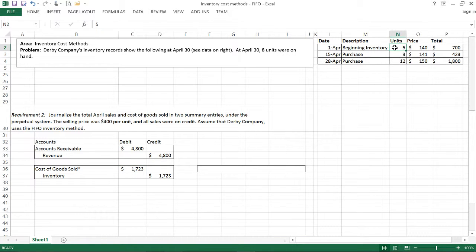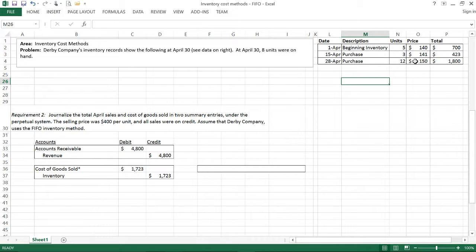So we sold 12 units. So the first 5, we take those out first. We incur that cost. The next 3 incur that cost as well. So add those up. So it's 8 units total. So we have 4 units left. So we take those out of this block of 12 at $150.